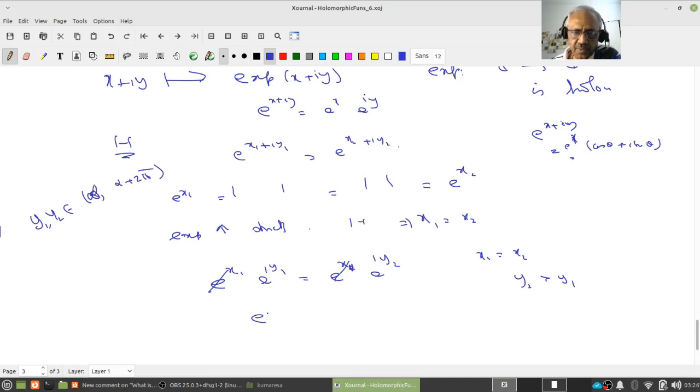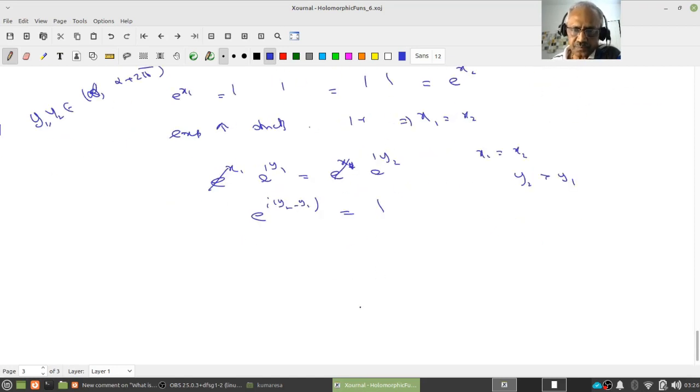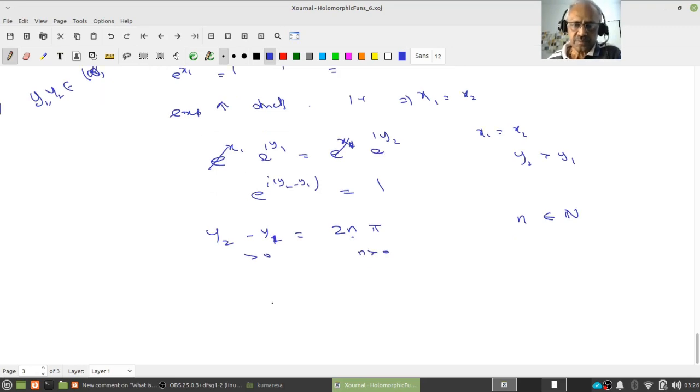Therefore e power I times y2 minus y1 equals 1. By periodicity, y2 minus y1 equals some 2n pi. Remember, this is positive, therefore n must be a natural number. In particular y2 minus y1 must be greater than or equal to 2 pi. But where does y2 minus y1 lie?